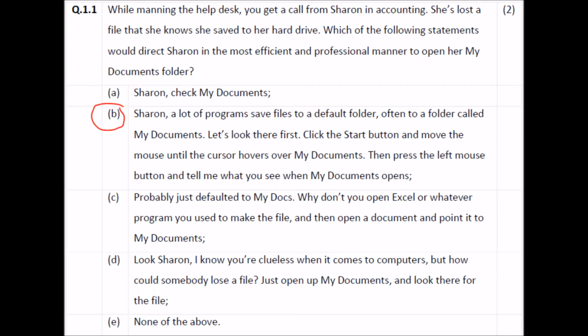If you look at 1.1, with this particular question you're looking at chapter number 2, which is all to do with operational procedures and the traits of the PC tech. You've got a specific individual that has lost a file, and they've called to ask where they could typically find this file.